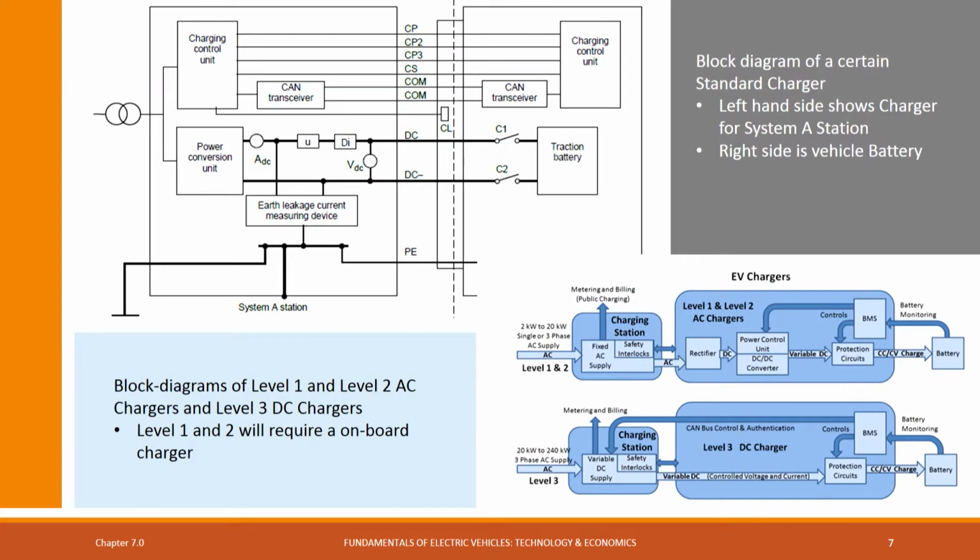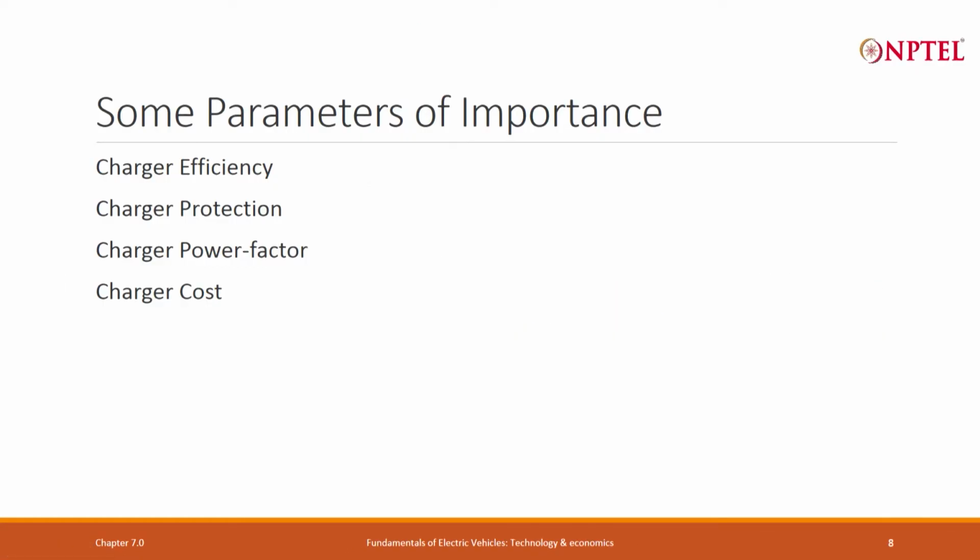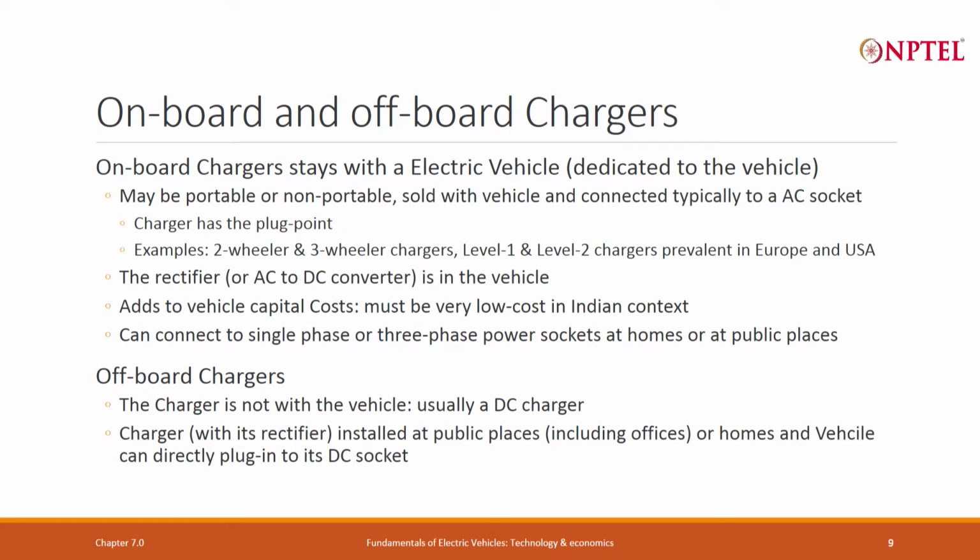Then I gave an example of two chargers: a set of AC chargers and a set of DC chargers, both level 1 AC charger and DC charger, and what it really consists of. I had done that. And then we talked about that we have to worry about charger efficiency, charger protection, charger power factor and charger cost. And finally, I had done onboard and offboard charger.